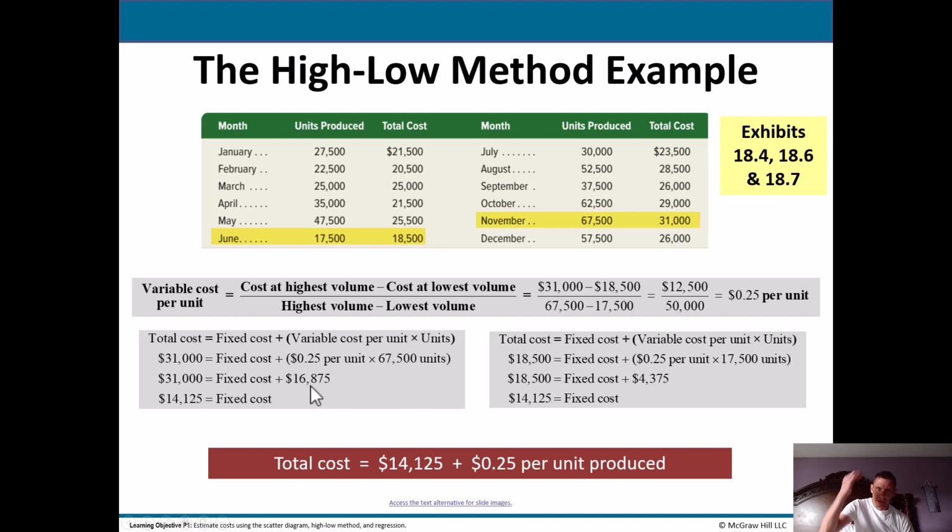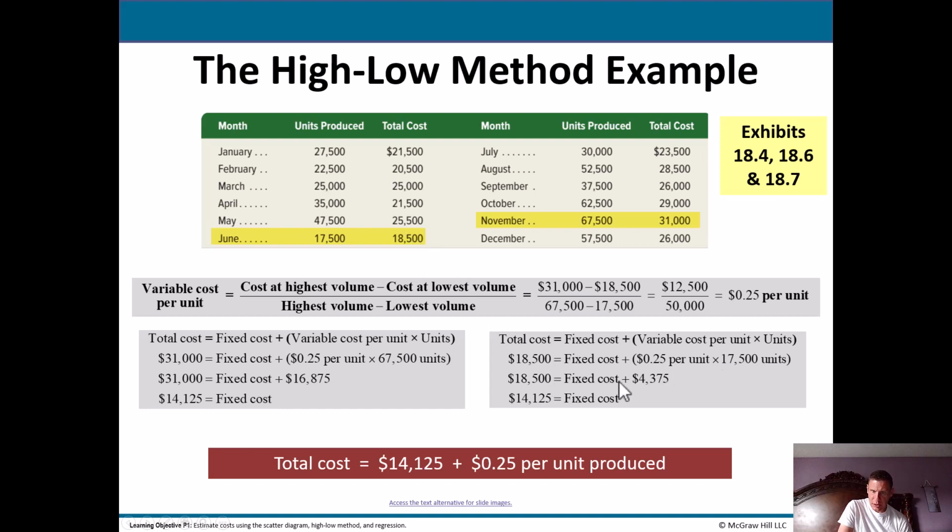So what I'm able to do here is determine how much of the 31,000 total cost is variable and how much of it is fixed. I'm able to determine that 14,125 is fixed. Now, if you want to check yourself, you can do this again. This time, if you look here, they use the lowest cost, the 18.5.